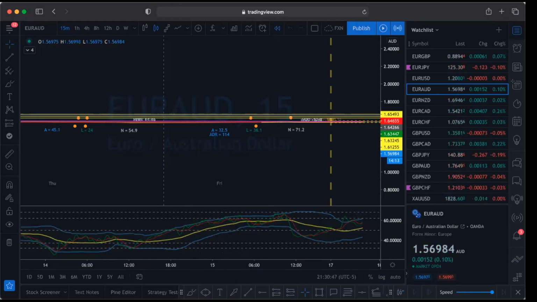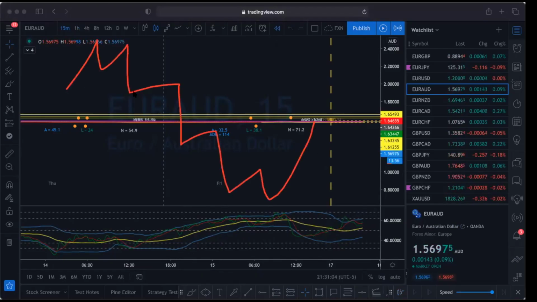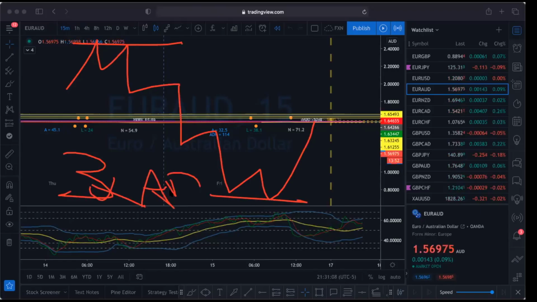Why do you times it by 3? Because 3 times its own average is what you typically get before you get a reversal. So in a perfect world, from here to here is 3 times its own ADR. I see. Okay.